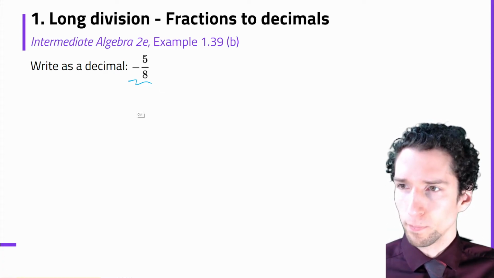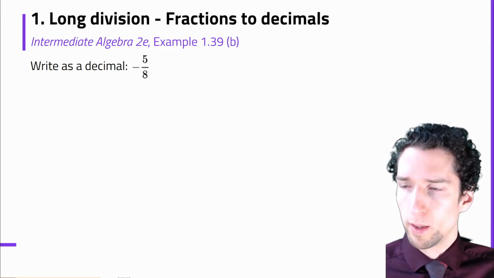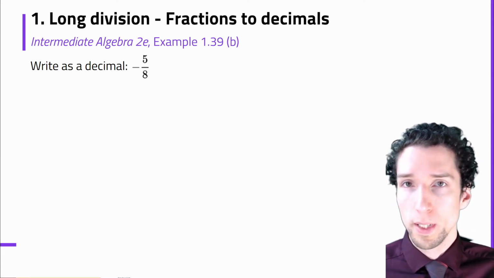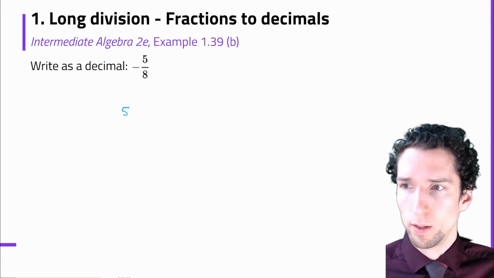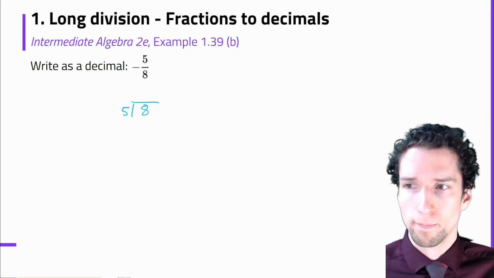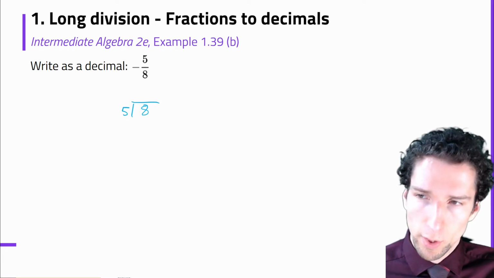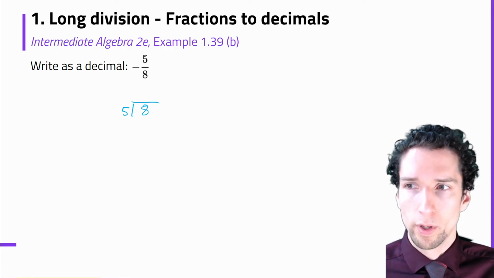So if we do that, then that would be not equals here. So you might be tempted to write something like this. Well, 5 and 8. No. So this is 5 over 8. Our answer should be less than 1.